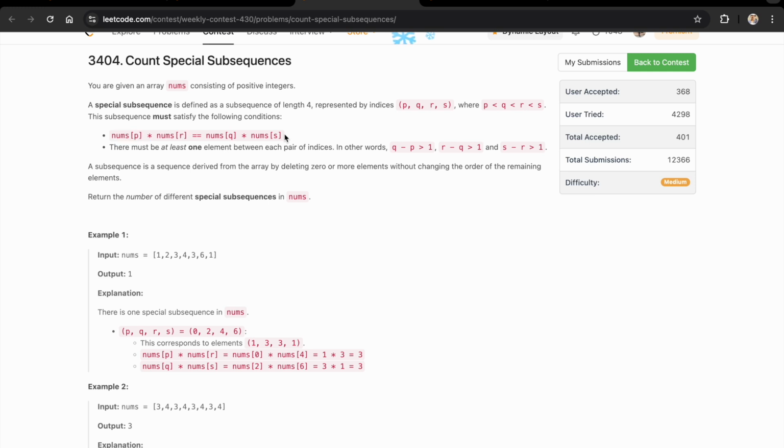So what we can do is try to modify the equation a bit. As we know, p is less than q, is less than r, is less than s. So we will try to make pairs of p, q and r, s. How can we do this? Here we are having nums of p, and here nums of q. So we can divide by nums of q, so we are having nums of p divided by nums of q, and we can divide by nums of r, so nums of s is divided by nums of r.